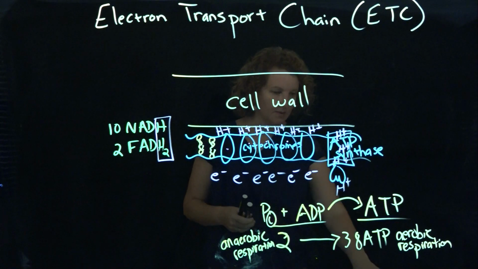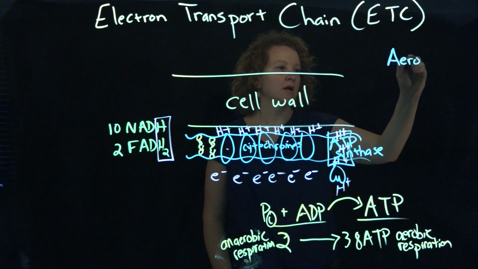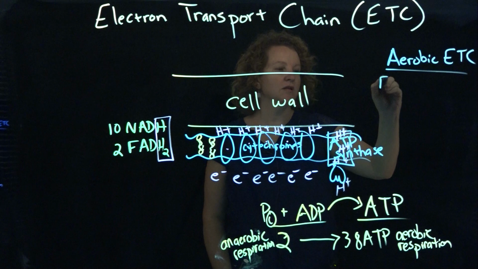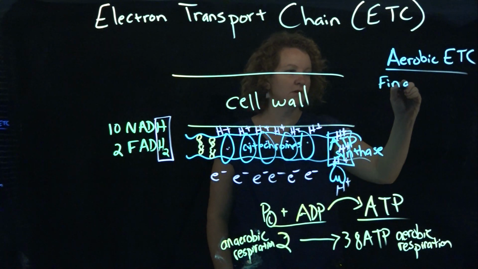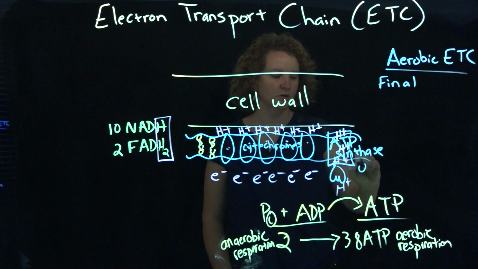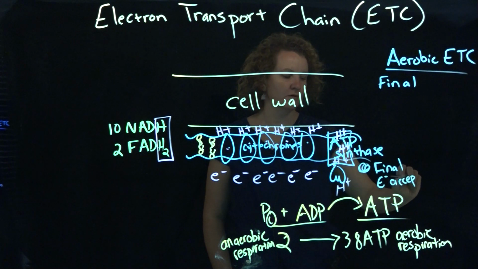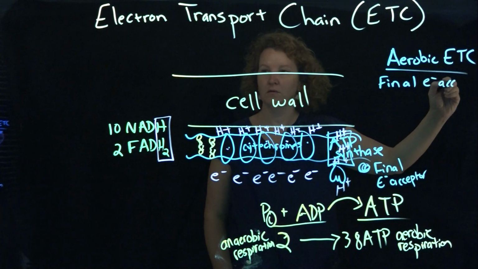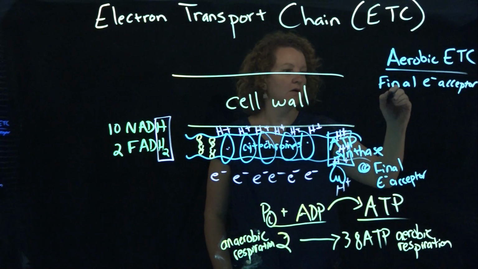Just a reminder here, in the aerobic electron transport chain, here are our successive electron acceptors, but our final electron acceptor, which is going to be over here somewhere, using shorthand for electron, is O2.